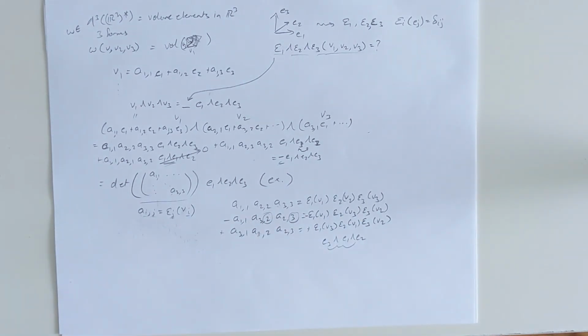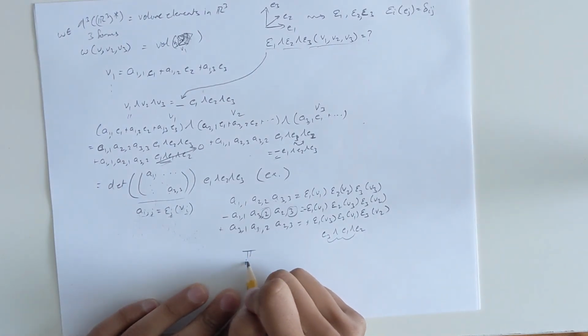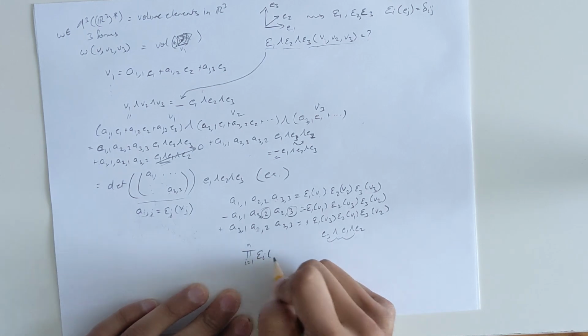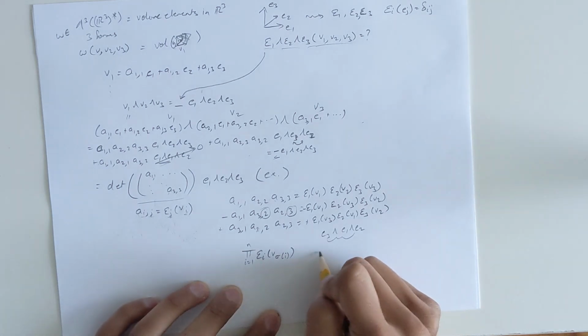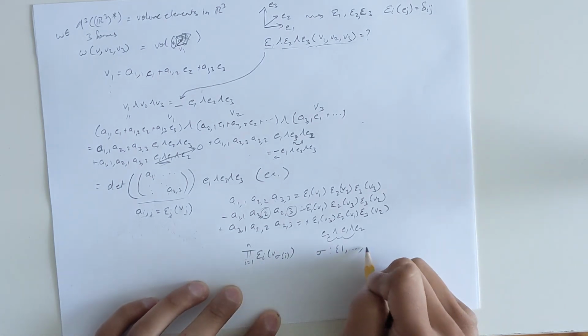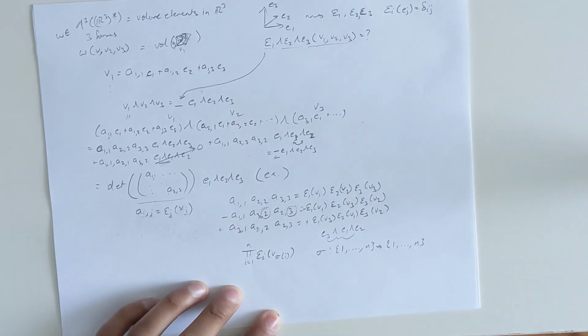So what that means is that these products are all of the form, the product from i equals 1 to n of epsilon i of v sigma i. And so sigma is a map from 1 through n to 1 through n, which is a bijection.